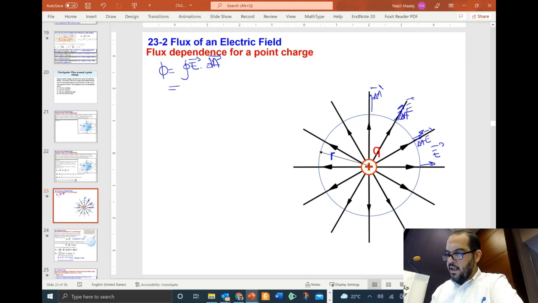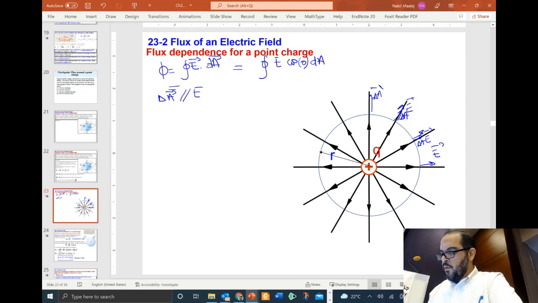So delta A is always parallel to the electric field, and the angle between them is 0. So I can write that this is equal to E times cosine of 0, which is 1, times dA.